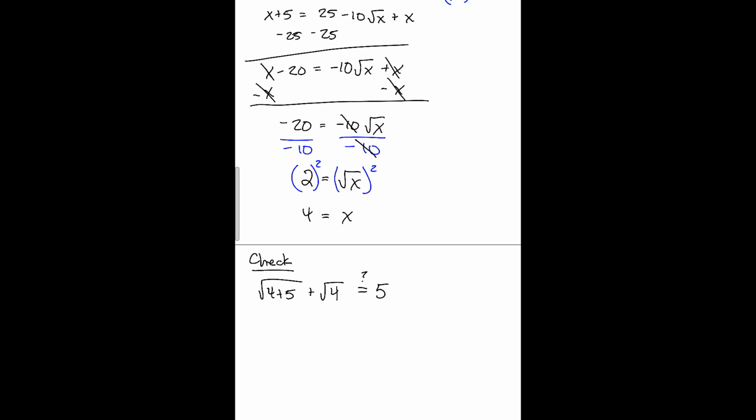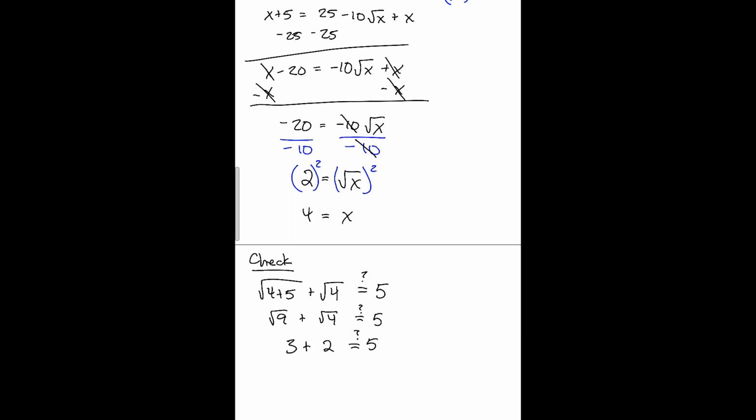Remember, in these particular problems, we're assuming the positive square root. So this would be the square root of 9 plus the square root of 4, hopefully gives us 5. The positive square root of 9 gives us a 3. The positive square root of 4 gives us a 2. We hope it equals 5.